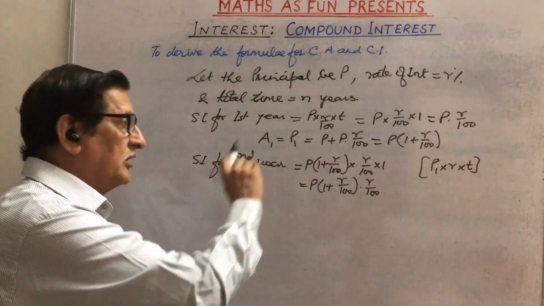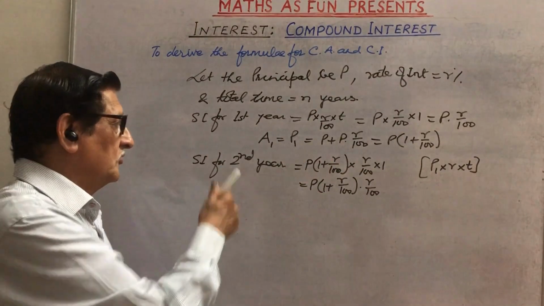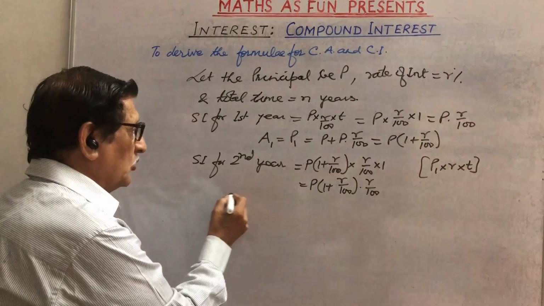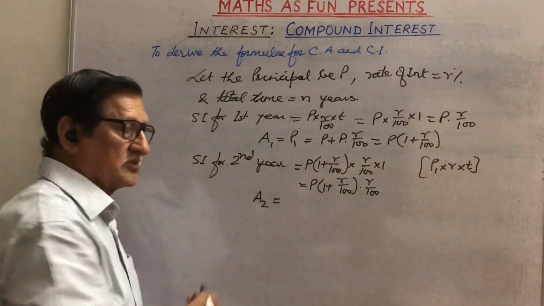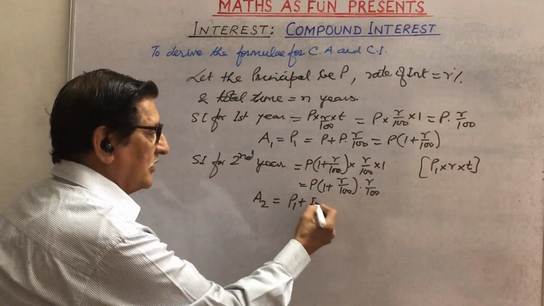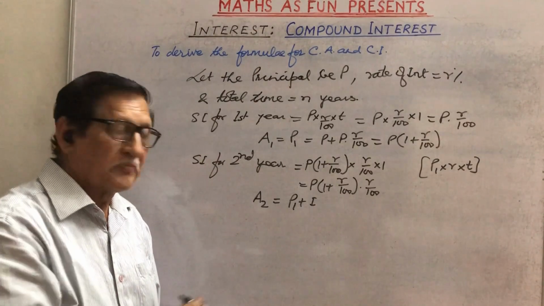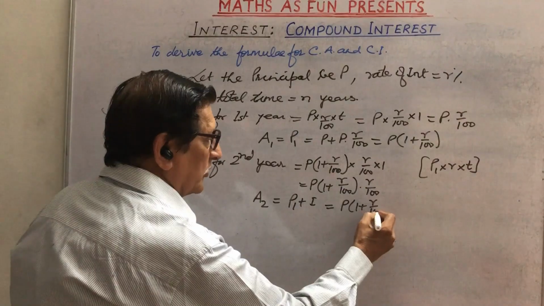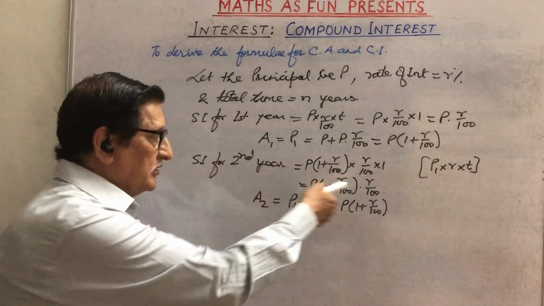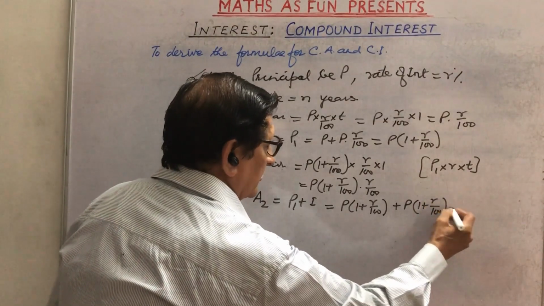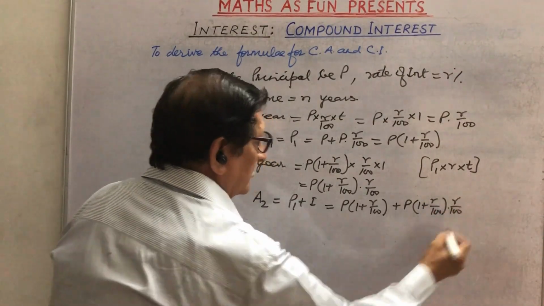Now what will be the amount after the second year? Amount after second year we can call A2. This will be equal to P1 plus interest, or not? And this P1 here is P into 1 plus R upon 100, plus the interest, that is P into 1 plus R upon 100 into R upon 100.